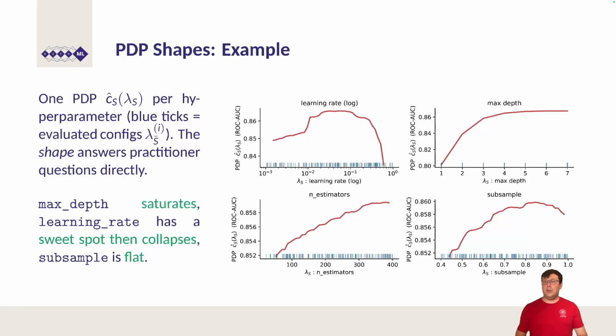The learning rate shows an interior optimum followed by sharp degradation. Subsample is essentially flat. For this, to note, please have a look at the scale of the y-axis, indicating that this hyperparameter can be fixed with little loss. This is directly actionable qualitative information not available from importance scores alone.